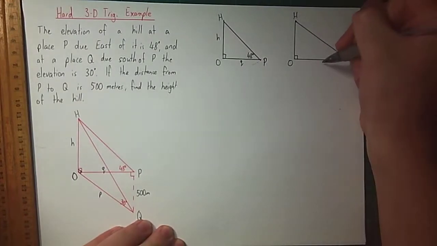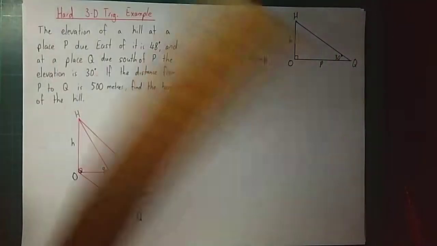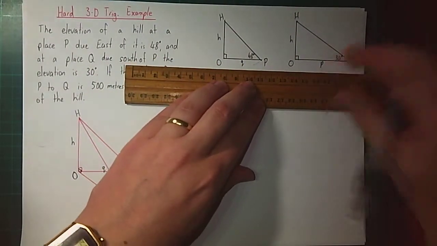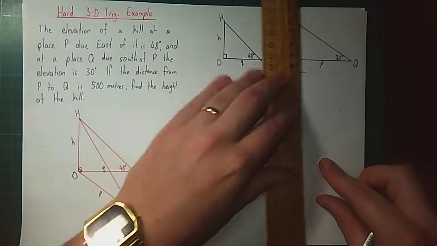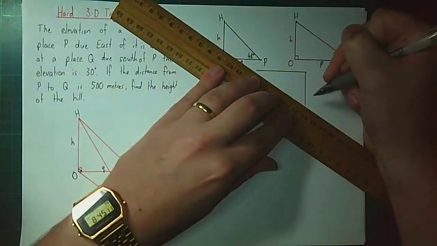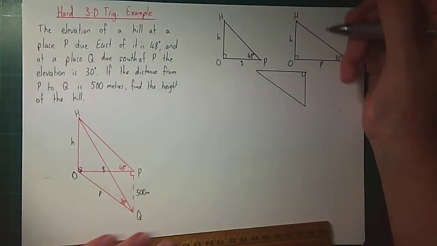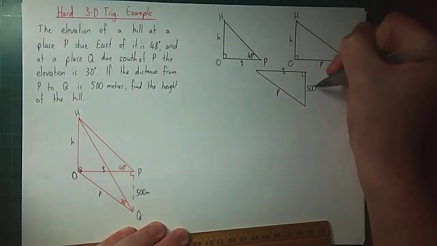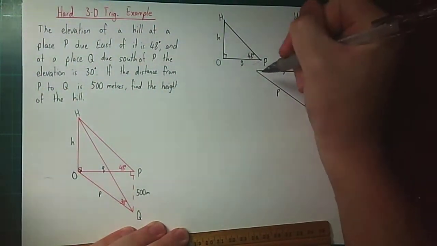This is length P, and this is length H. And then the last triangle is the one on the base, which is a right angle there. This is Q, this is P, and this is 500 meters. That's point Q, that's point P, and O.